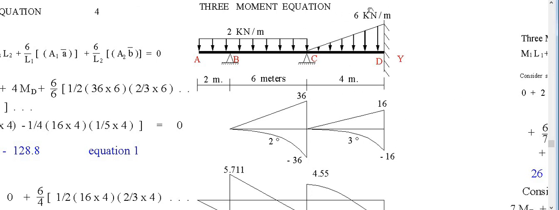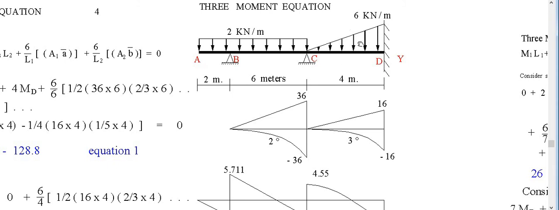The other side on the right, consider this as a simple beam CD. Usually the reaction at D is twice the reaction at C. The total weight here is 1/2 times 6 times 4, which is 12.